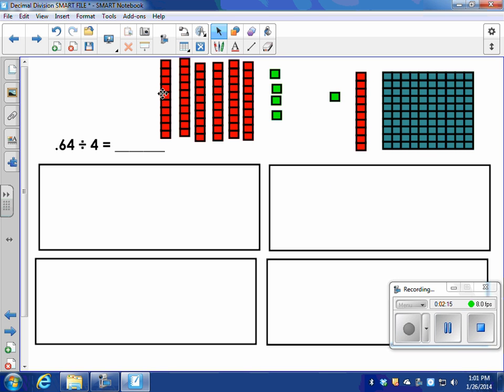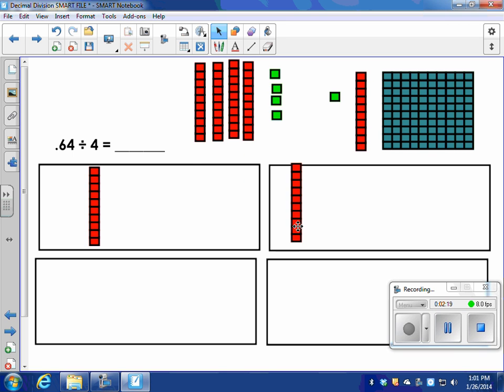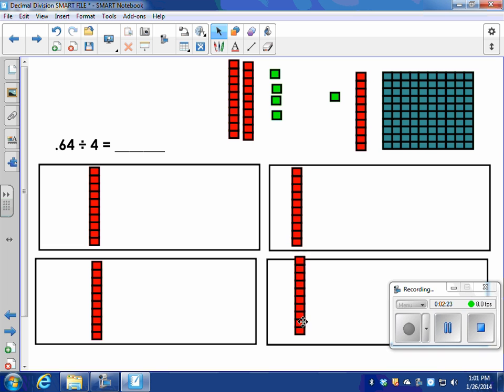So I can start off by just pulling down what I can. 1, 2, 3, 4. Now I can't do anything with these 2 right now because I don't have enough tenths to divide into 4 groups because I only have 2. But I can go ahead and take my hundredths and divide those out.